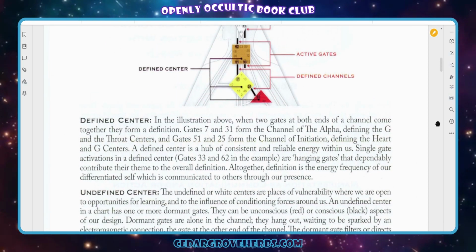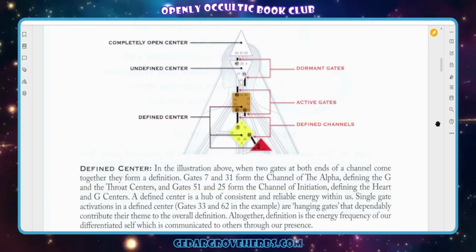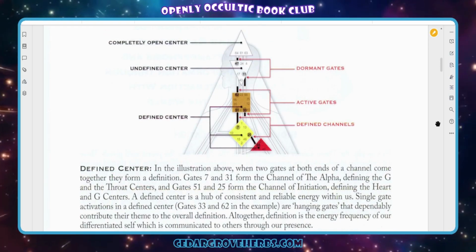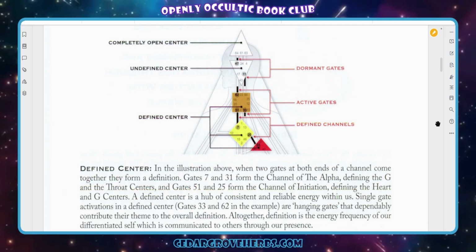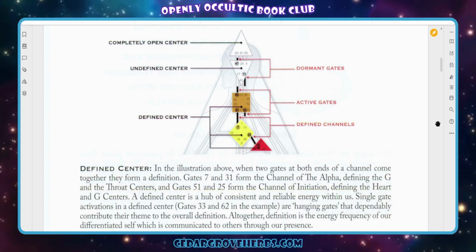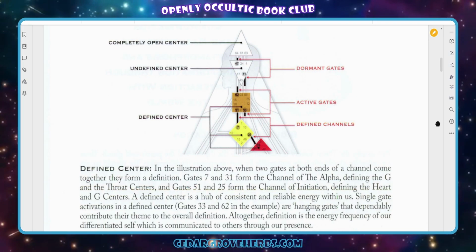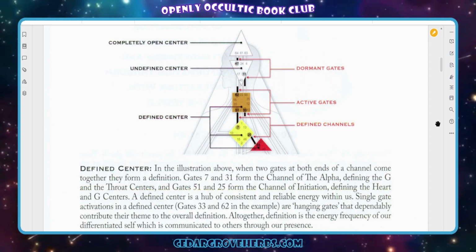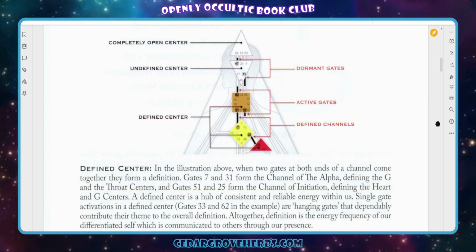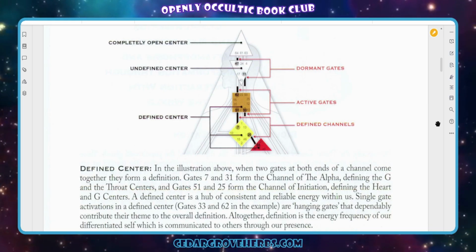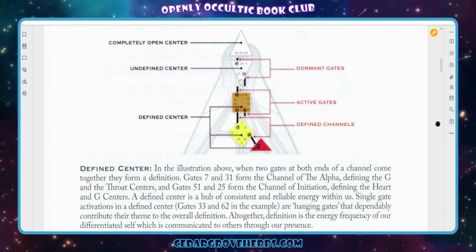Defined center. In the illustration above, when two gates at both ends of a channel come together, they form a definition. Gate 7 and gate 31 form the channel of the alpha. It's down here. Gate 7 is in the yellow one.